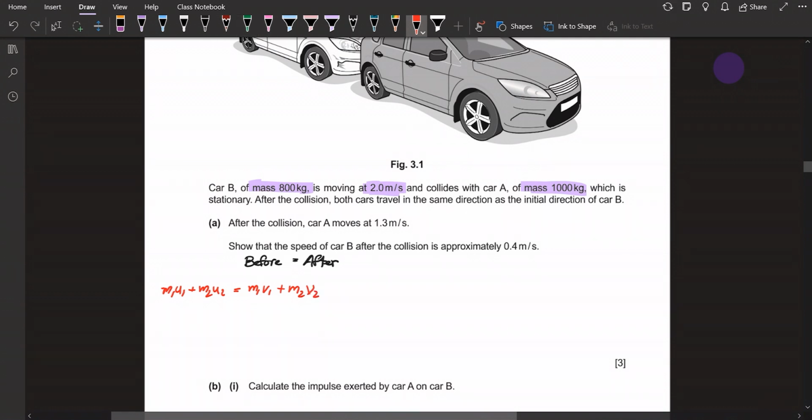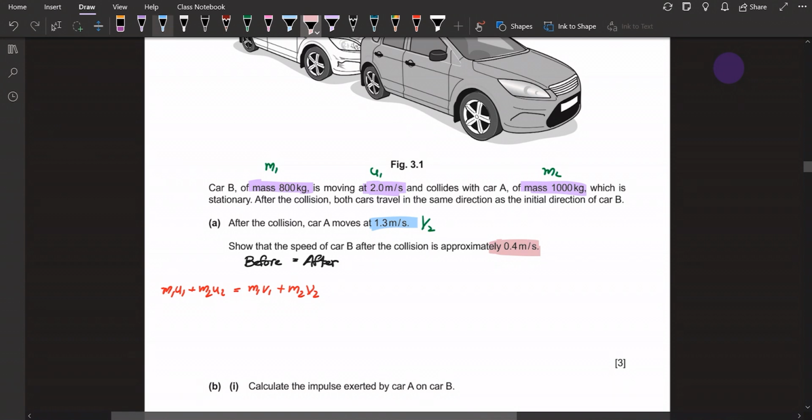So our m1 is this, u1 is this, and m2 is this, and we are given that after the collision car A moves at speed this. So our v2 is this, and in the question it says we have to show the speed of car B after collision is approximately 0.4.